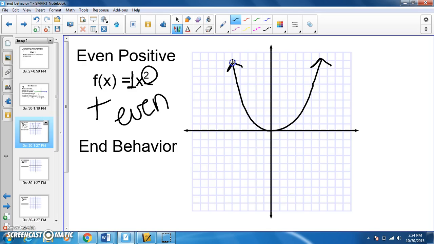Our end behavior here, as our x values are approaching negative infinity, we have to look at our graph of x squared, and we are approaching positive infinity.